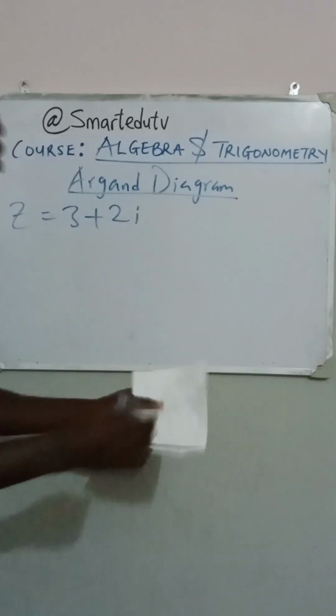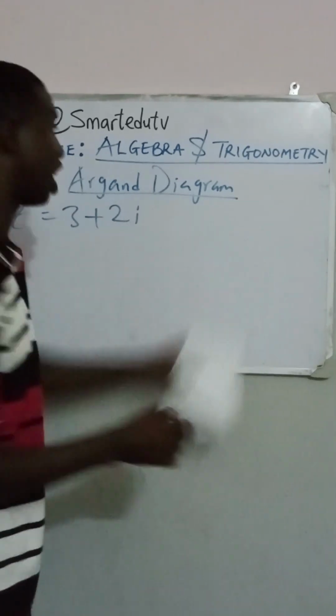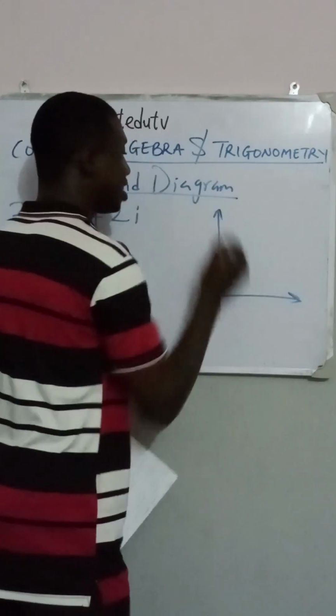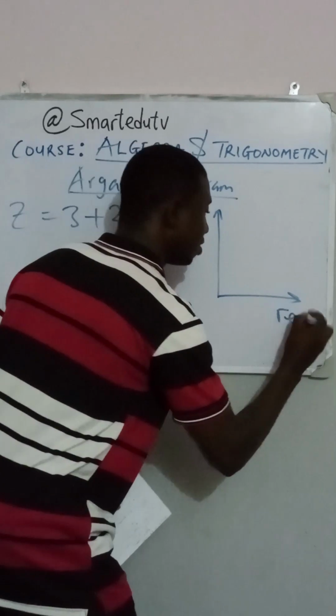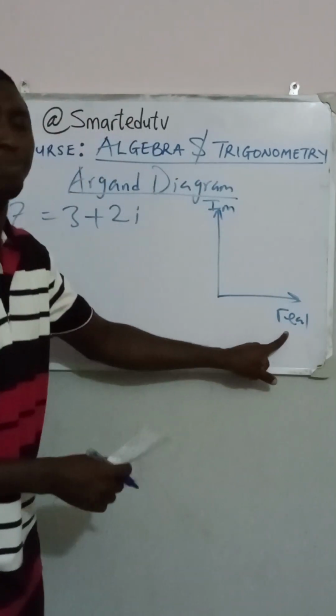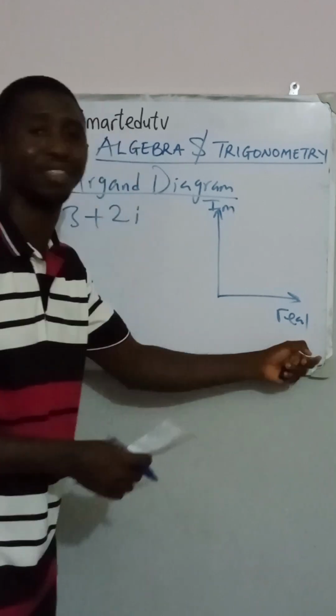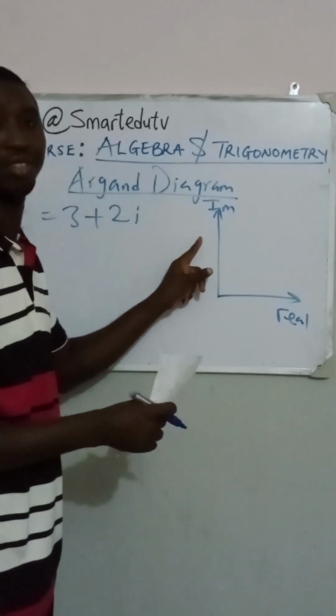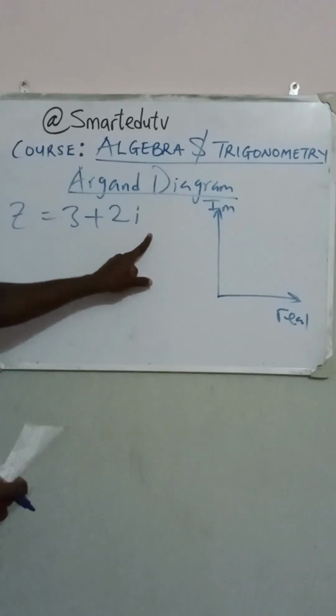Don't forget, for our Argand diagram, the standard plane has the real part and the imaginary part. The real part corresponds to the x-axis, while the imaginary part corresponds to the y-axis.